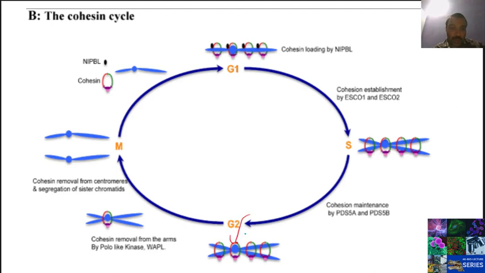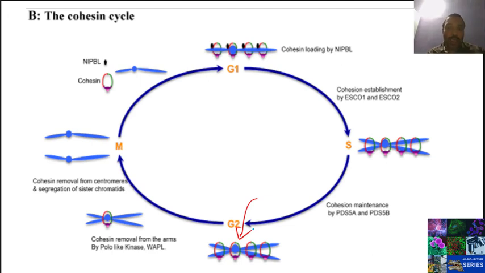Look at this portion also, because one cohesin is present at the centromere. Actually, there is no fixed number. Here, based on this picture, I am telling that only one cohesin, but actually numerous cohesin molecules are acting together on the centromere region and other parts of the chromosome.